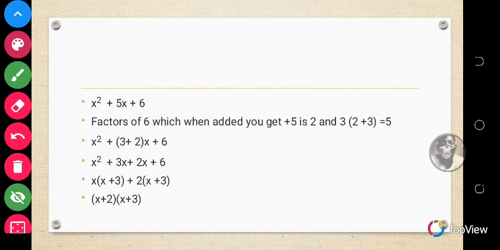So that's how come we have x squared plus, and then 3 plus 2, because we replace the 3 plus 2 with the 5, and then times x plus 6. Okay, and then you expand, so x multiplied 3x, x multiplied 2x, and that is how come we have x squared plus 3x plus 2x plus 6.